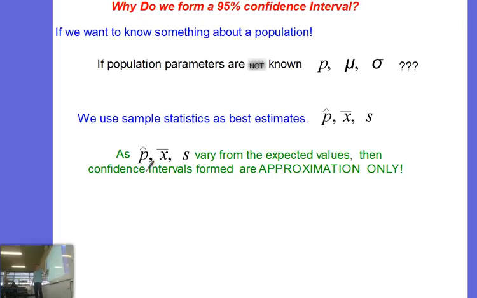Because they're subject to randomness, any confidence interval we form is an approximate confidence interval. We can't be 100% certain.